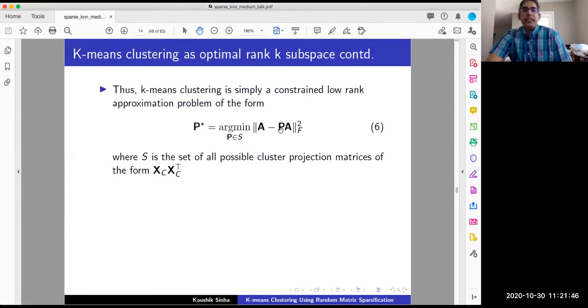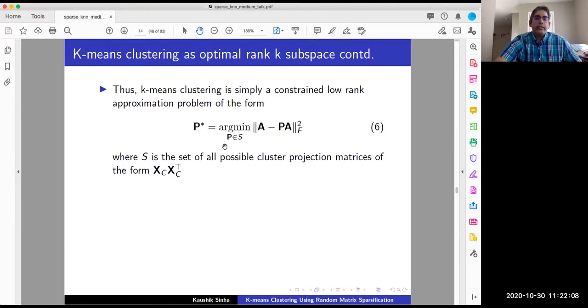Therefore, K-means clustering is simply a constrained low-rank approximation problem of the following form, where we try to find, among projection matrices, the one such that the squared Frobenius norm of A minus P times A is minimized, where P is an orthogonal projection matrix from a set S.